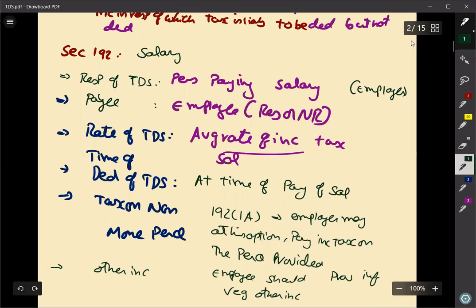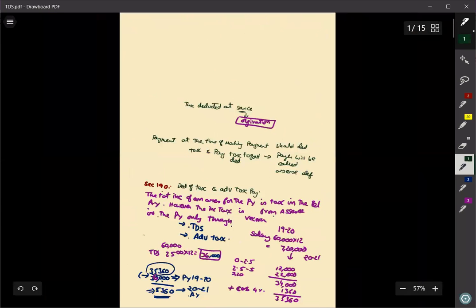If the employee provides this information regarding the other income, the employer will also deduct tax on this other income. If he is not providing this information, the employee has to pay the tax based on direct payment.